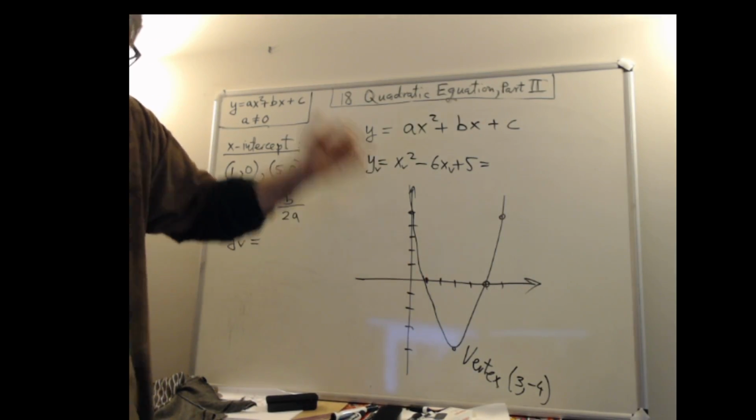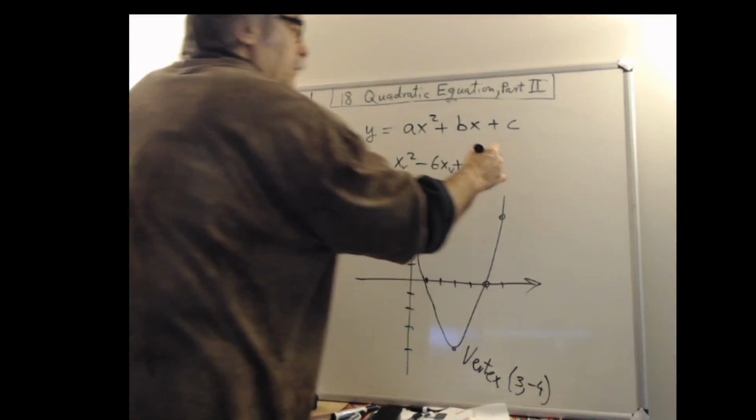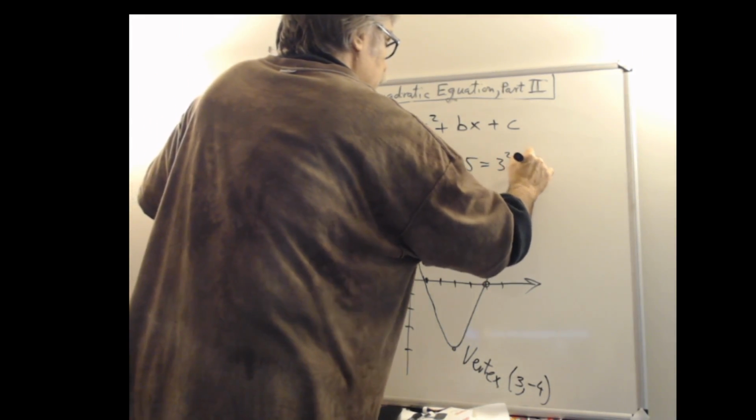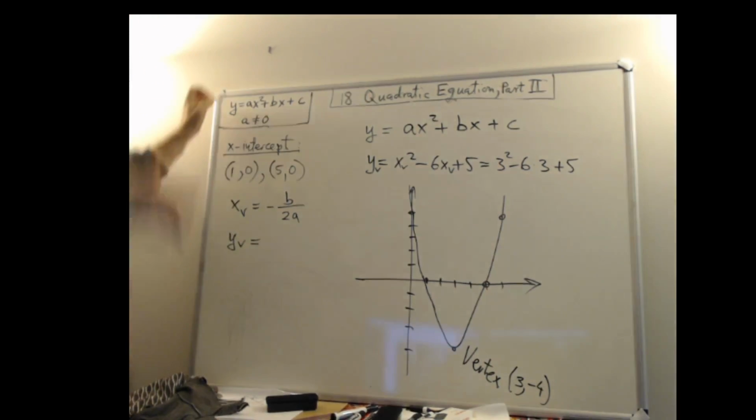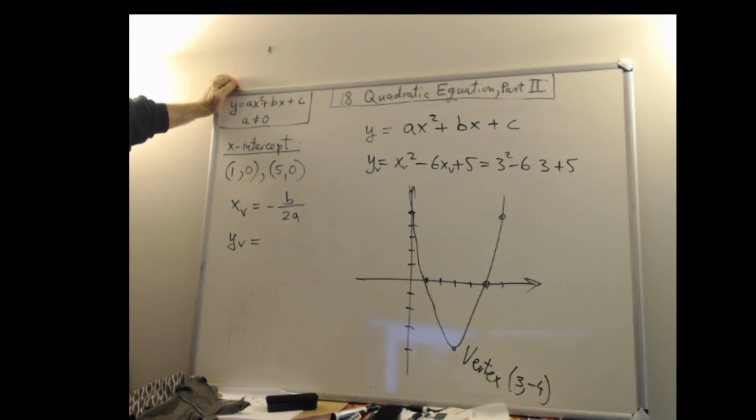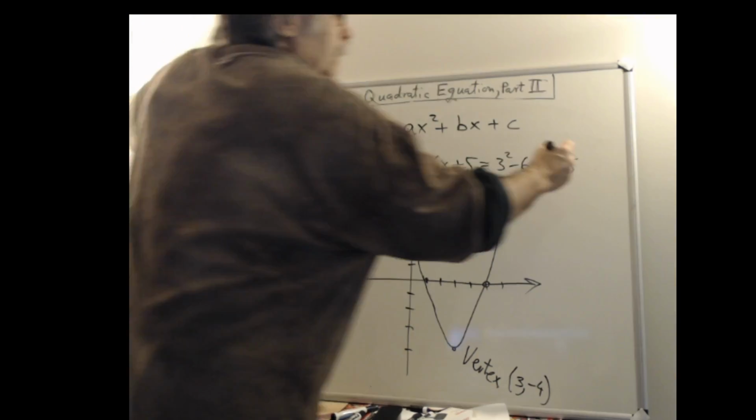In this story, the x of the vertex is 3. So you have 3 squared minus 6 times 3 plus 5. And that, of course, is negative 4.